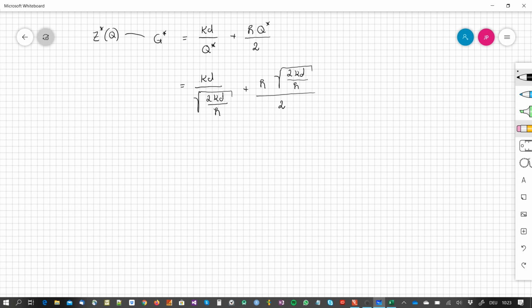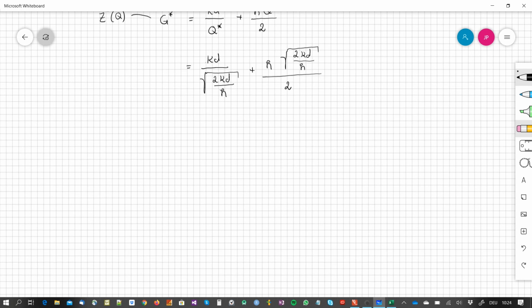And this doesn't look too easy, so we use algebra to rearrange the terms.